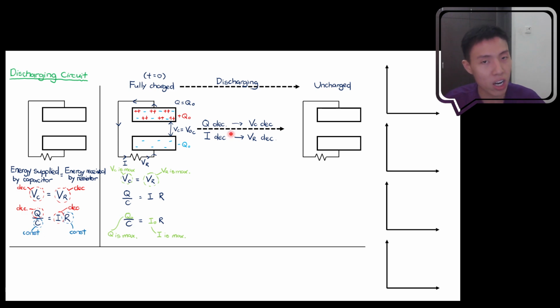But as you discharge the capacitor along the way, you see a decrease in Q, you see a decrease in I, decrease in VC, decrease in VR. So at the end of the journey, you should expect that the capacitor becomes uncharged totally. So uncharged means that there's no charge being stored at all, so you should expect it to be neutral right now. Okay, so this is the capacitor plates being neutral right now.